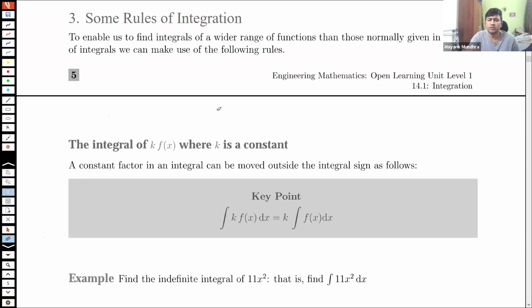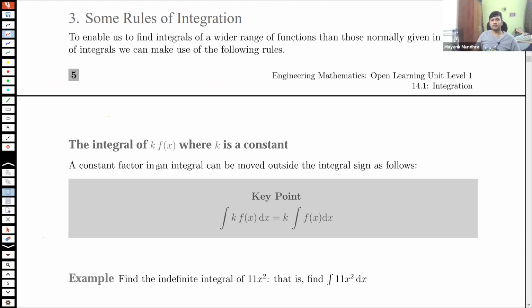Subsequently, we are going to see a lot of rules of integration, which will make it very easy for you to find these results. Just because you know differentiation, you can derive all these results. So there won't be any need to remember this entire table. The only condition is that you solve all the problems. Once you solve the problems, you remember the formula. You don't need to revise or memorize them.